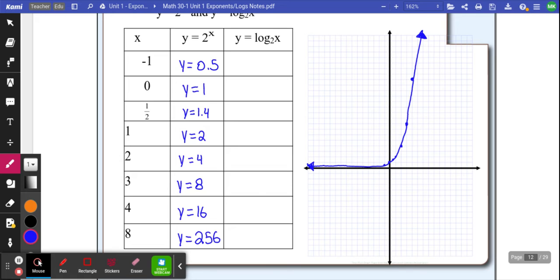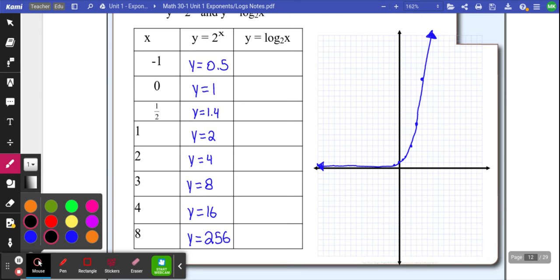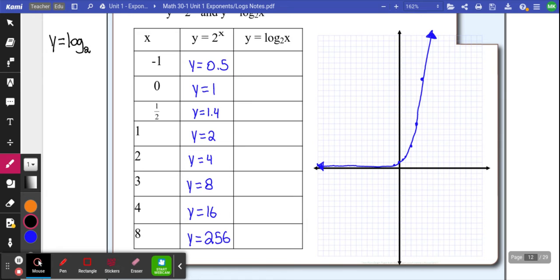Perfect. If you try the other way, which would be log -1 divided by log 2, remember that's the other way to put things in your calculator, you should get the same result. Not possible. The reason why that's not possible, if we think about what we're doing here: y equals log 2 of -1.